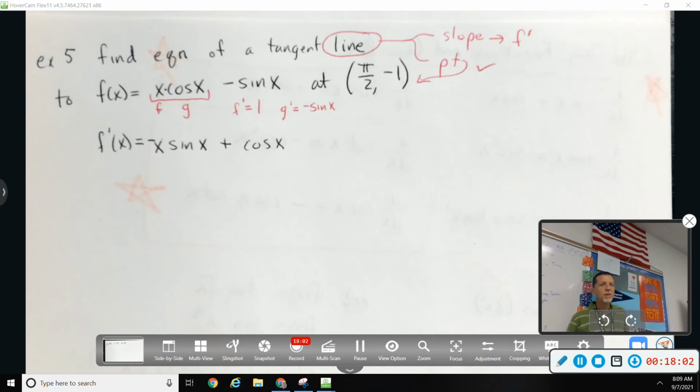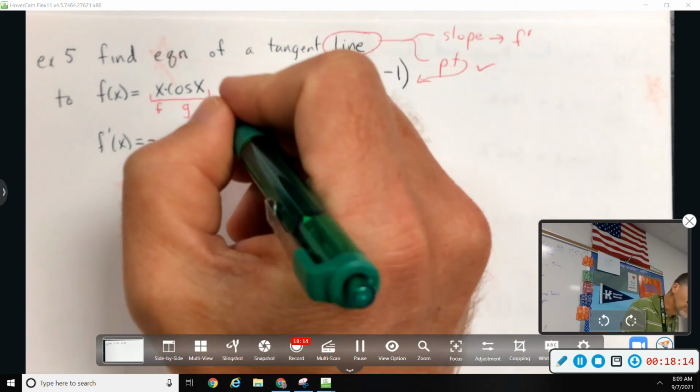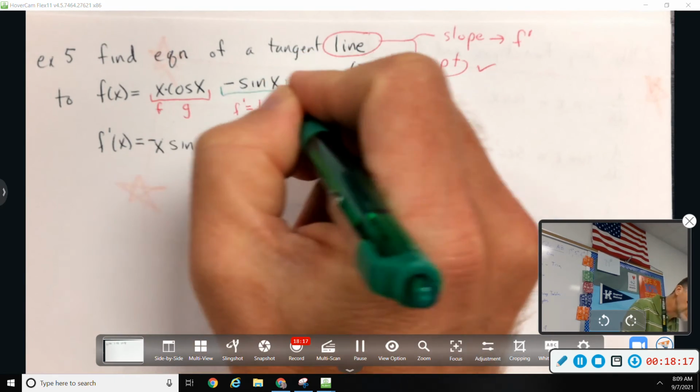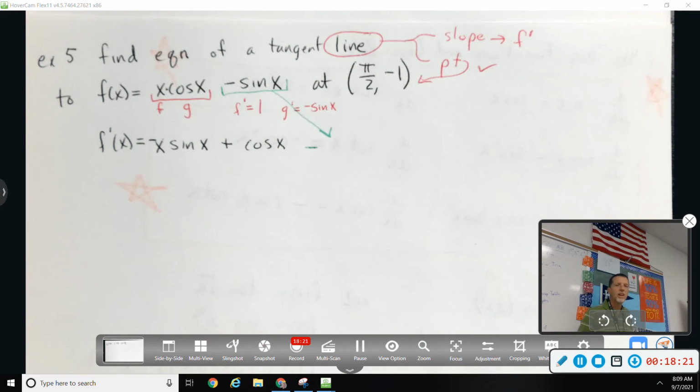Am I done with the derivative? This is kind of a tricky one. Maybe. So we did the product rule on this guy. Don't forget there's more to this function though. Let's see, the derivative of sine would be cosine.